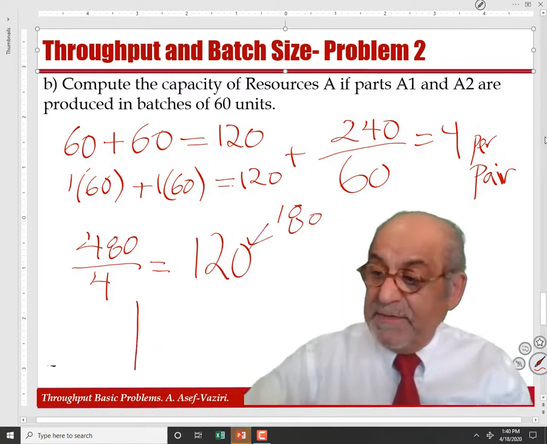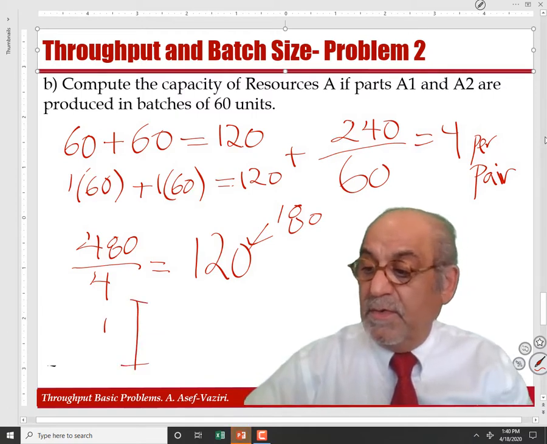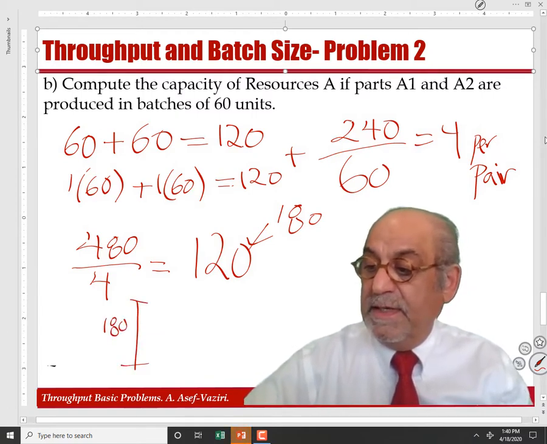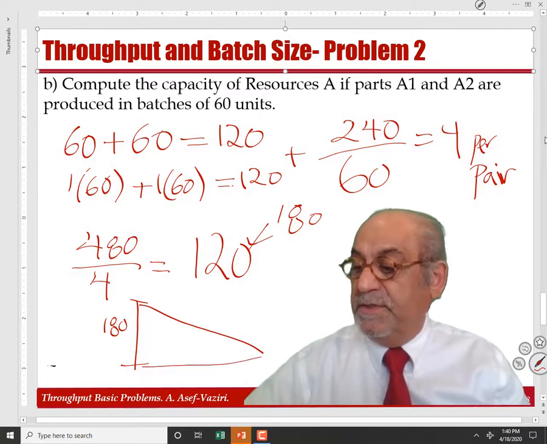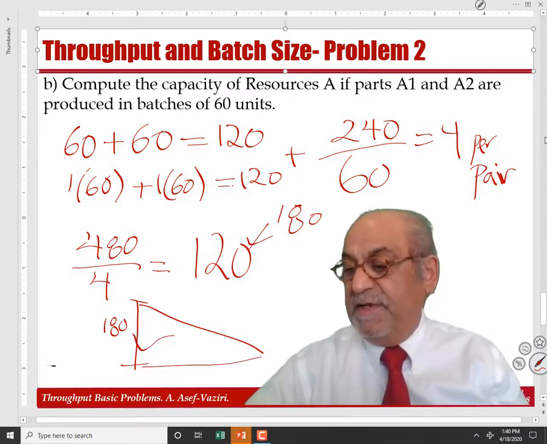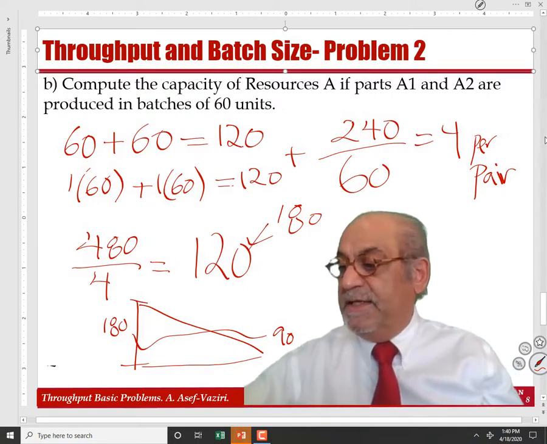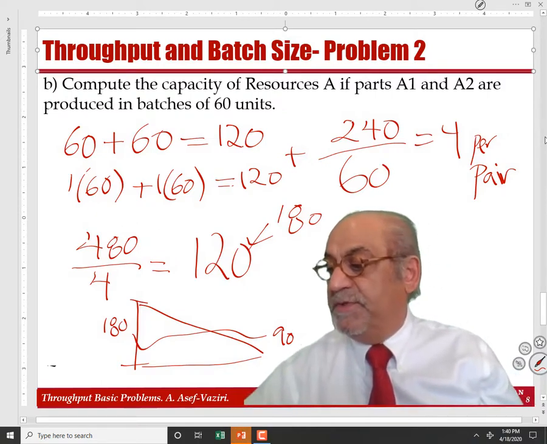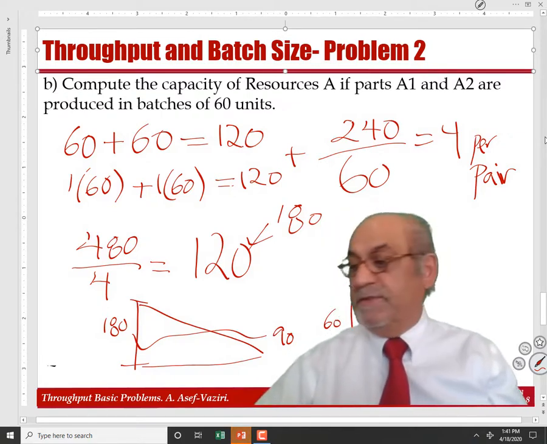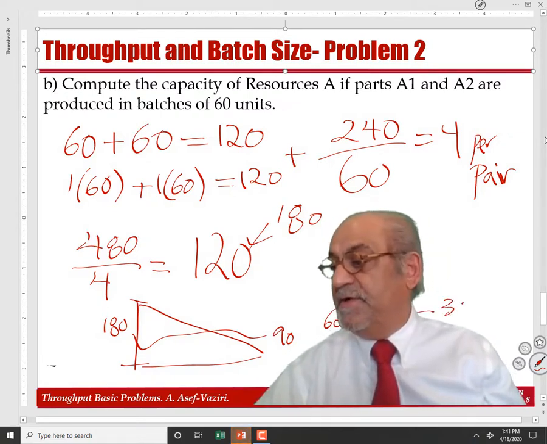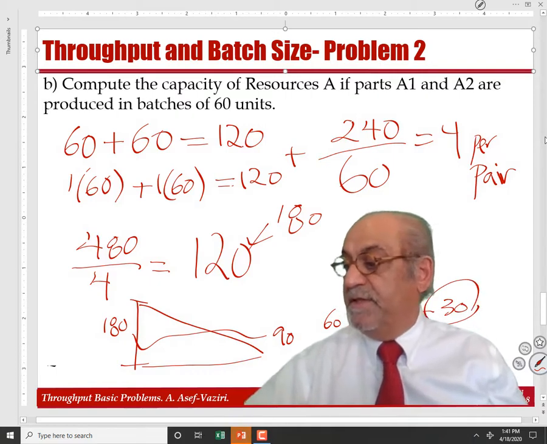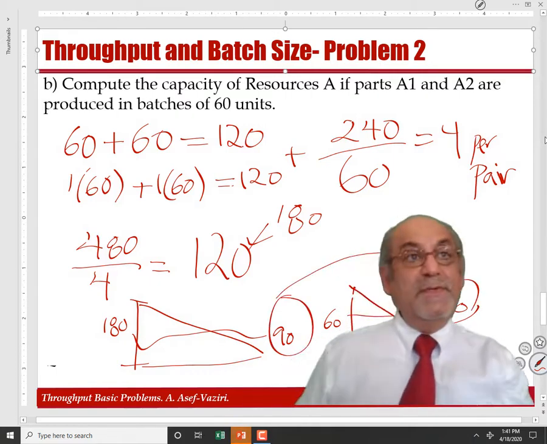But over there, I produce 180 and then consume it throughout the day. Average was 90 for each product. Here, each time I produce 60 and then it goes down to 0. Average here is 30 per product. 30 compared to 90.